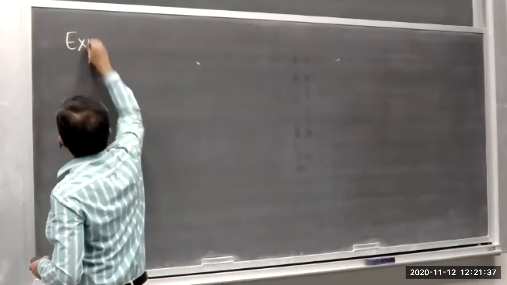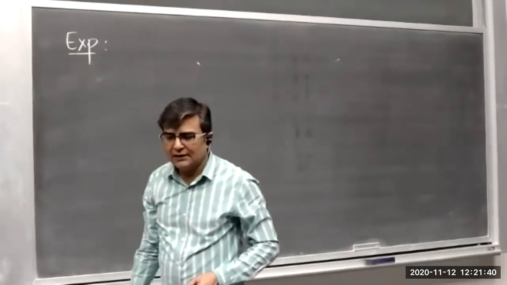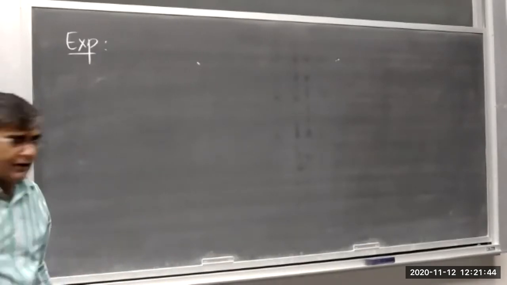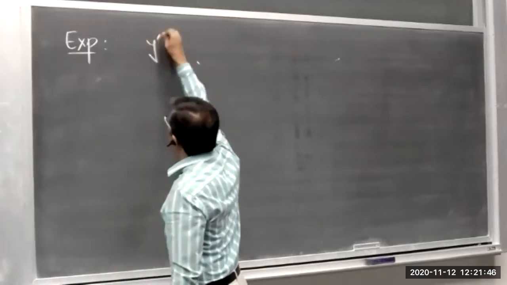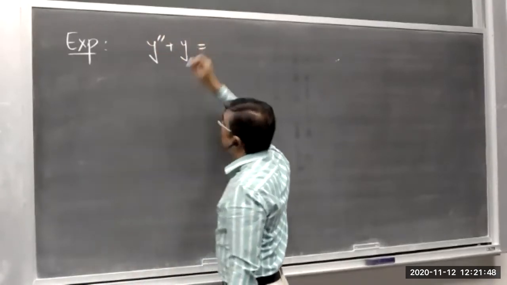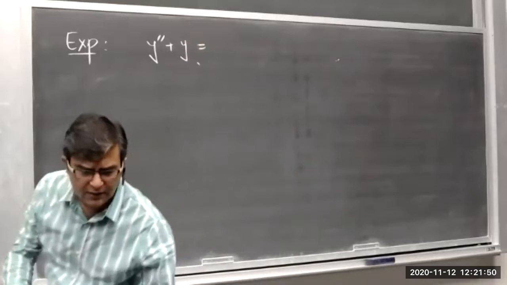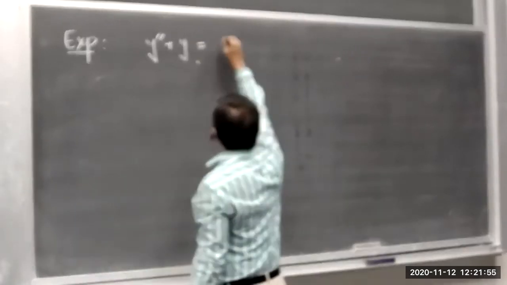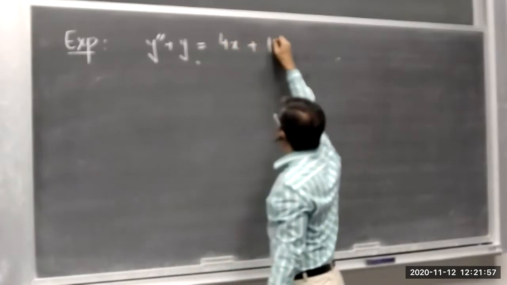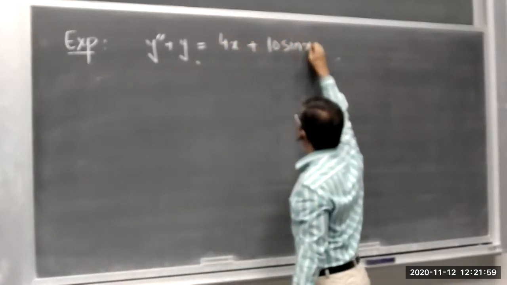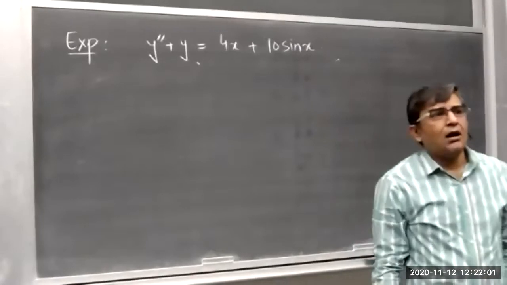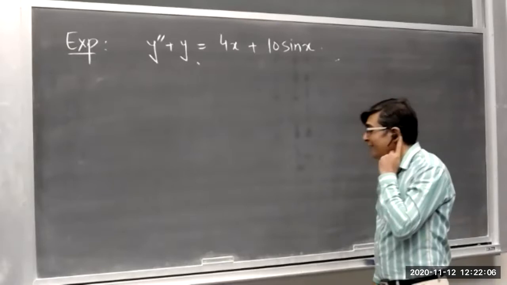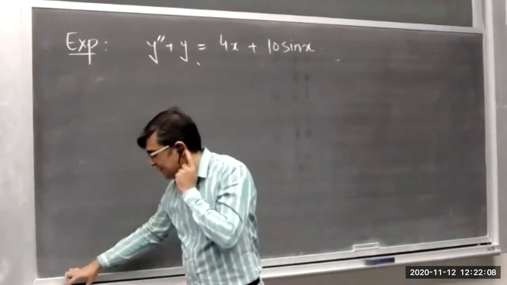Now, for example, we are going to solve this differential equation: y double dash plus y is equal to 4x plus 10 sine x. We need to solve this non-homogeneous differential equation with constant coefficients.